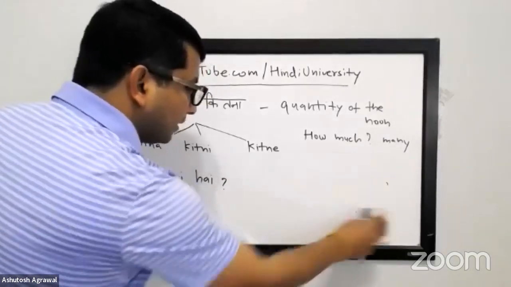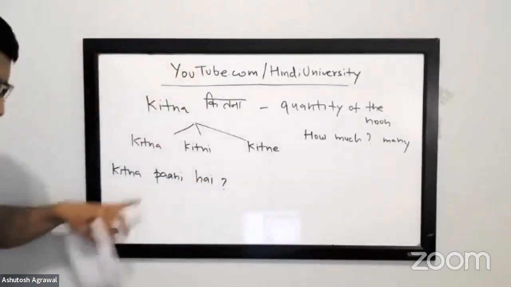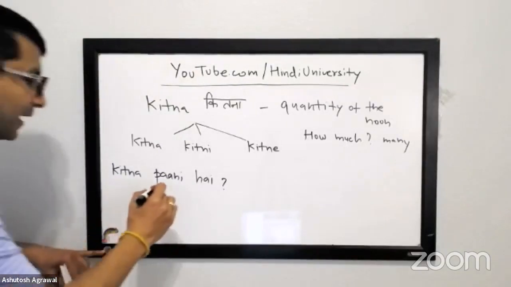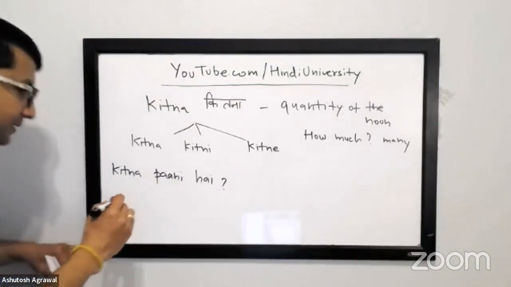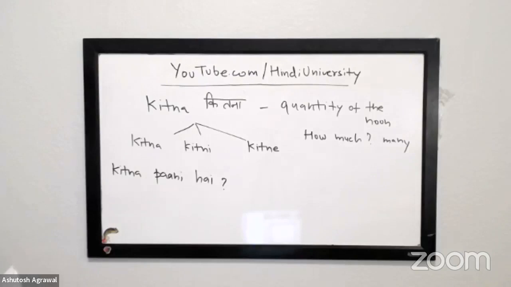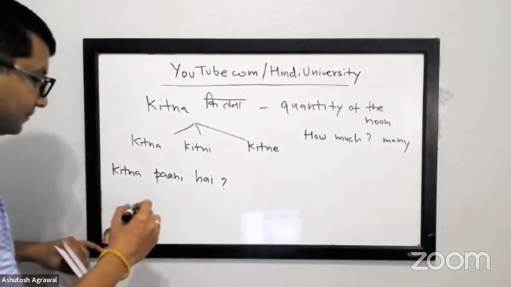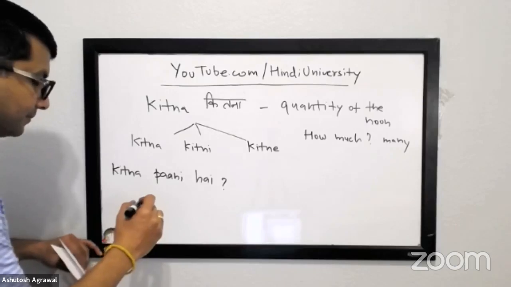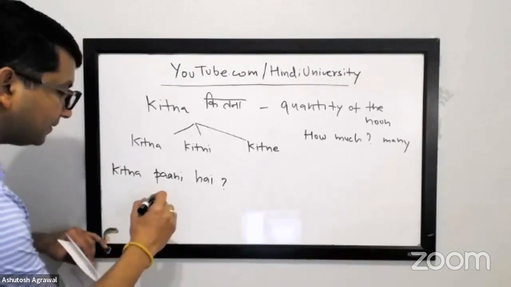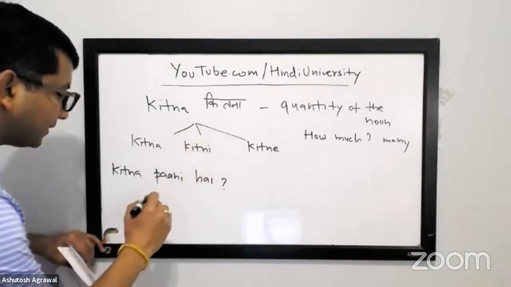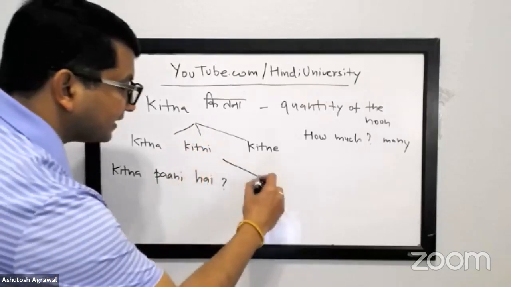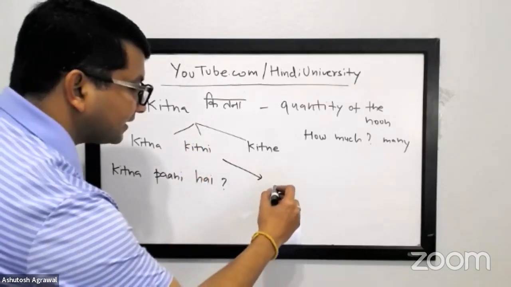Let's keep trying. Daniel Ji, use a different noun. Instead of pani, say something else. यहाँ कितनी trains हैं? Train, okay? So that's kitni, because it's plural.